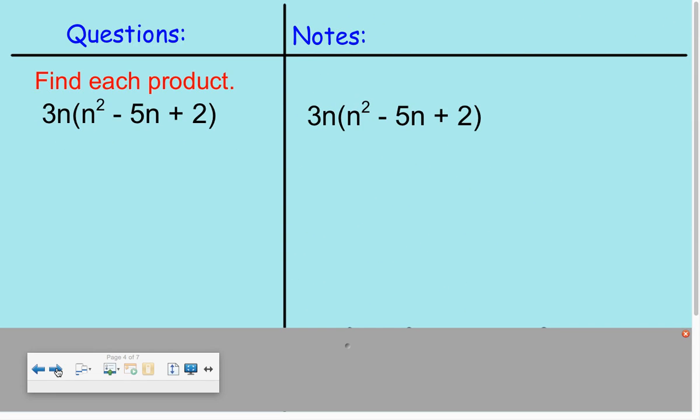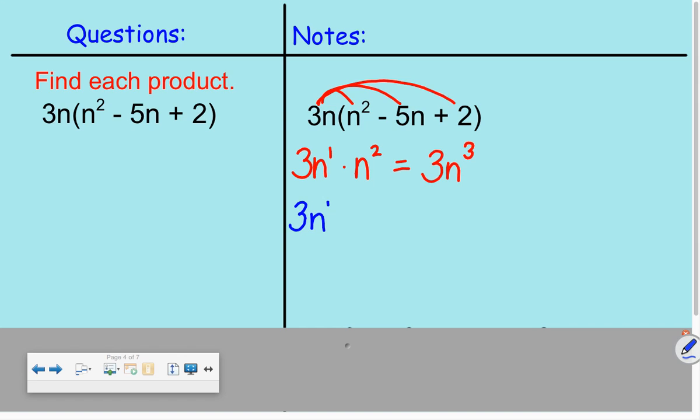Two more. Distribute 3n. So 3n, or 3n to the 1st, times n squared would be 3n to the 3rd. 3n to the 1st times negative 5n to the 1st is negative 15n squared.